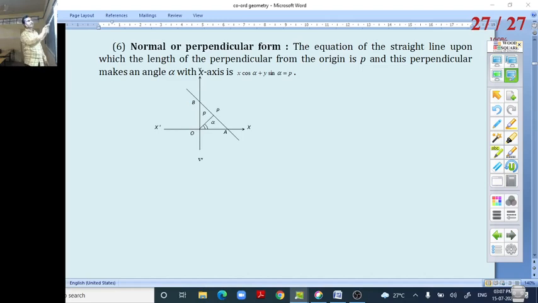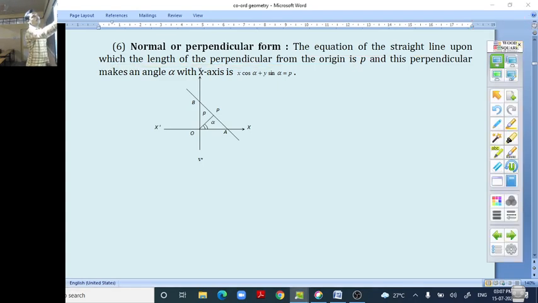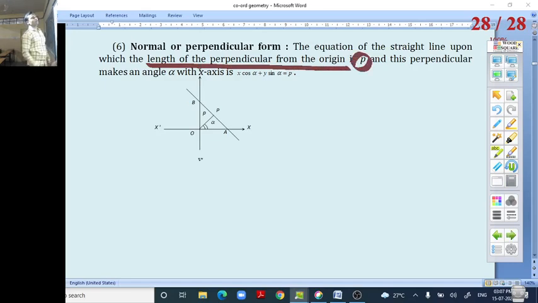The equation of the straight line for which the length of the perpendicular from the origin is given as p is extremely important to note. The length of the perpendicular from the origin is given, and the angle made with the positive x-axis is also given. Look at this picture.